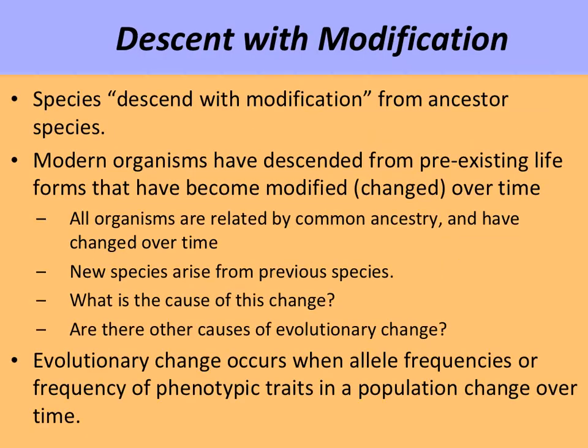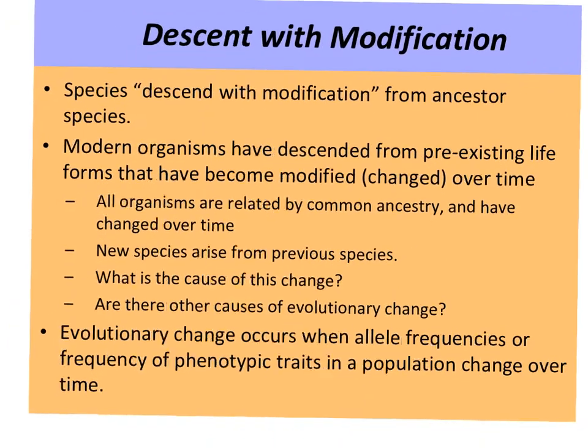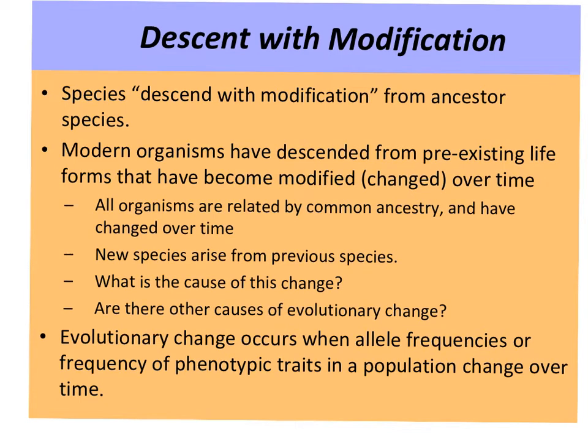So the species descend with modification from a common ancestor, and species that have a common ancestor, now they might not have changed all that much, but we'll assume that they've changed enough so that they're, we'll say, reproductively isolated.